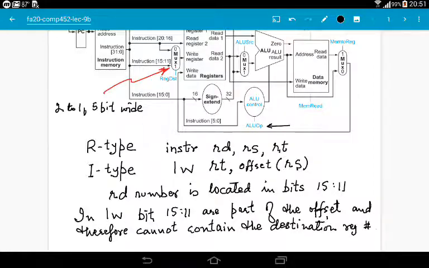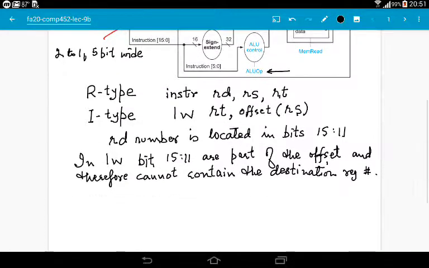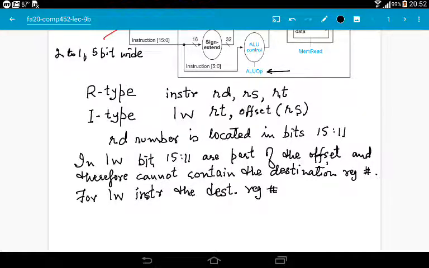Therefore, for the load word instruction, LW, the destination register number goes in the RT field of the instruction.